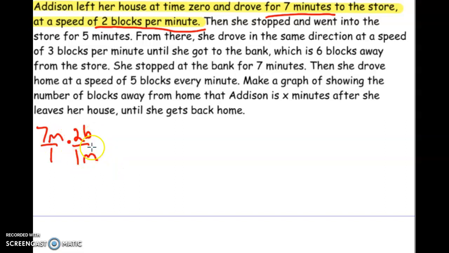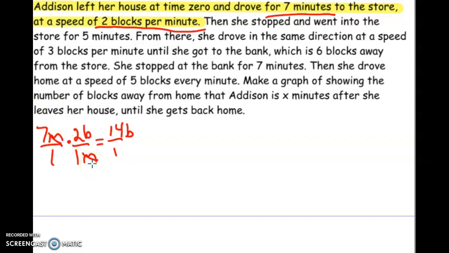The reason I put those letters there, they're not variables, is so we can cancel out the term and know exactly what unit of measurement we're using. You see how I have an M in the numerator and an M in the denominator. They're going to cancel out, and everything else I'm going to multiply.